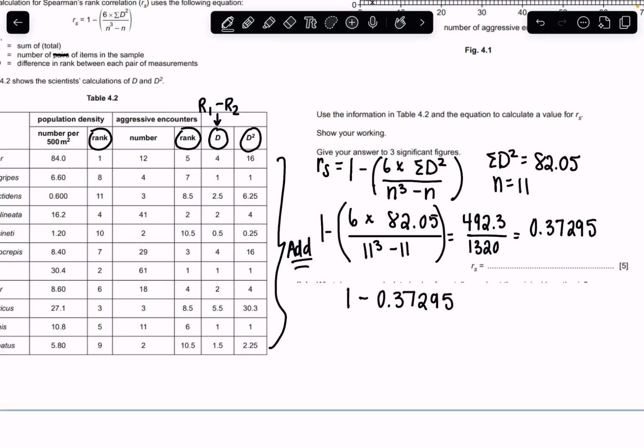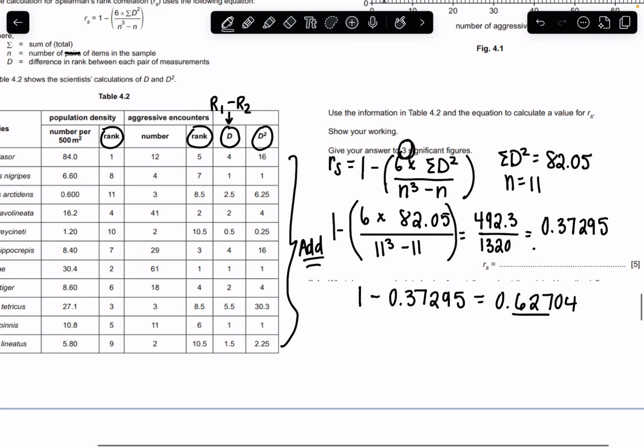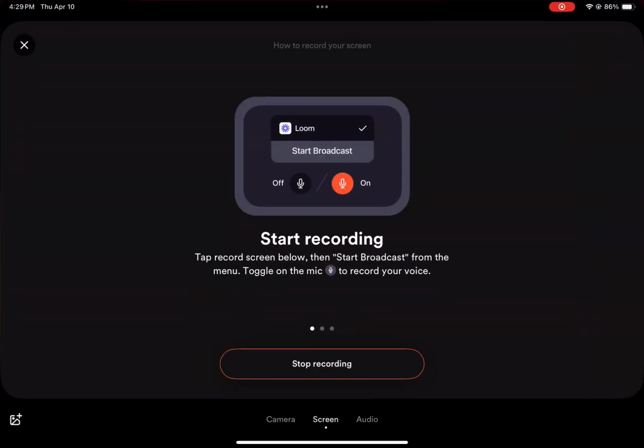Otherwise, you'll get a false number, which means either a false positive or a false negative. So in your calculator, you get 0.62704. It says 3 significant figures. So on the line, 0.627. And by making sure your answer is to 3 significant figures, you would earn the total 5 marks.